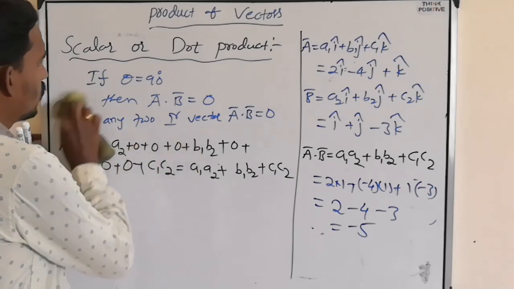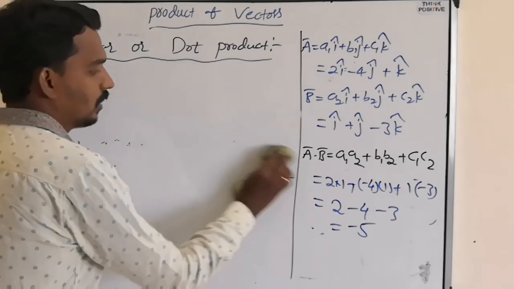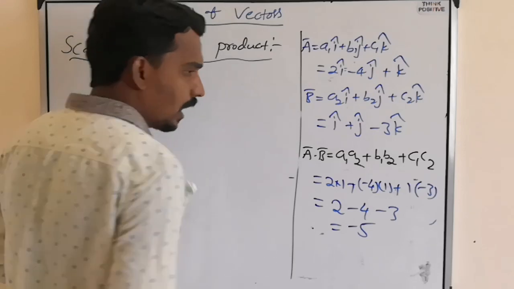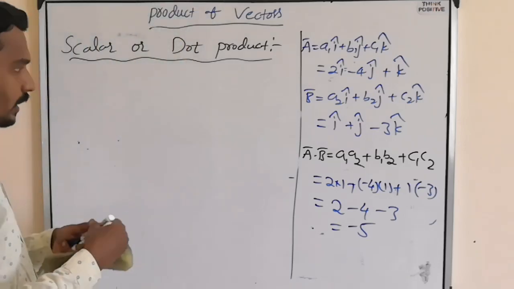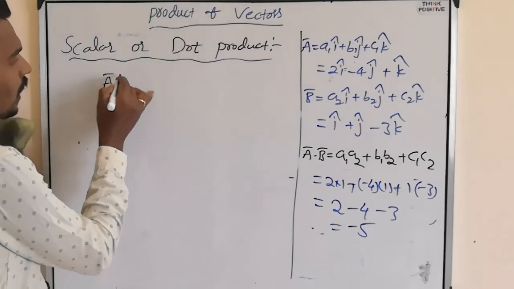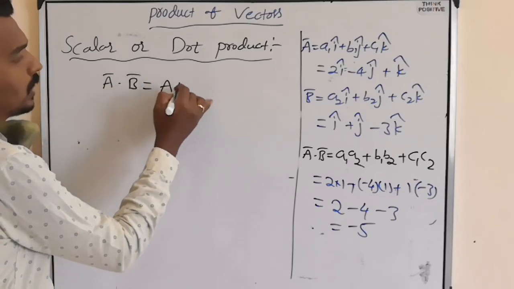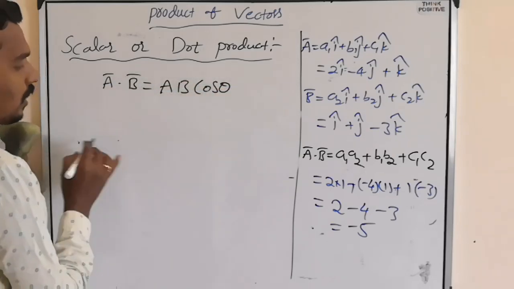Or you can also use this dot product to find the angle between two vectors. So a bar dot b bar equals ab cos theta.